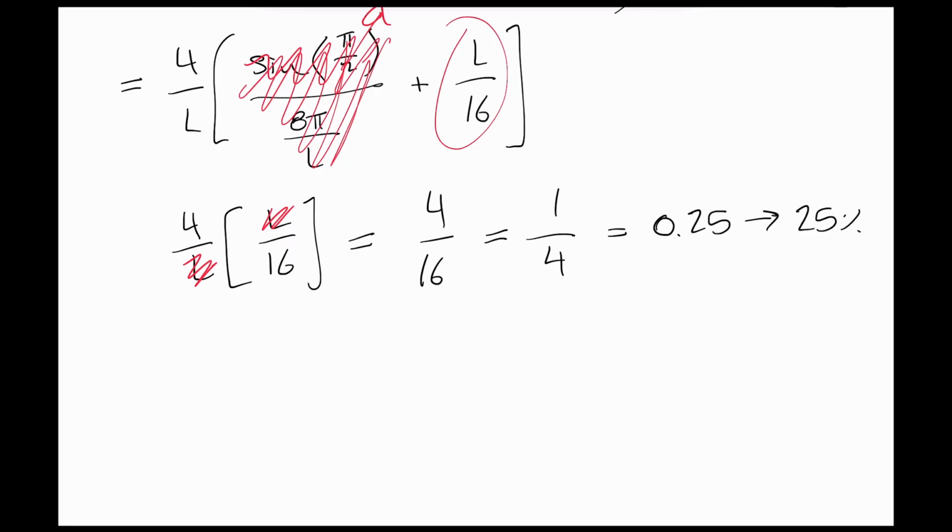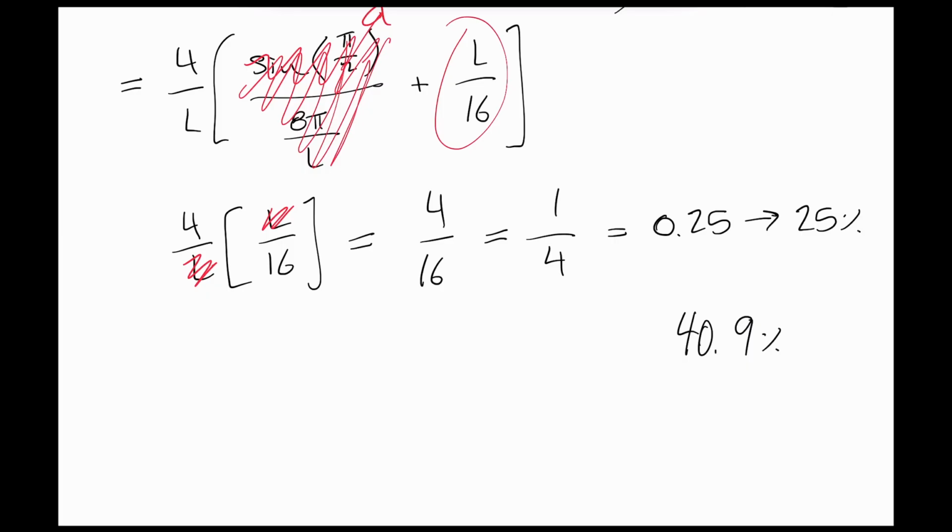Let me check my solution manual here. Ooh, not correct. The answer is 40.9%. Let me see what I did wrong here. Sine of pi over 2.